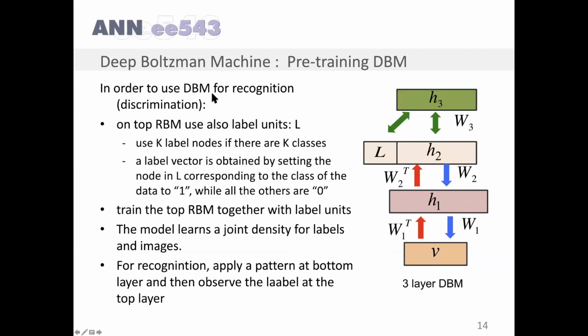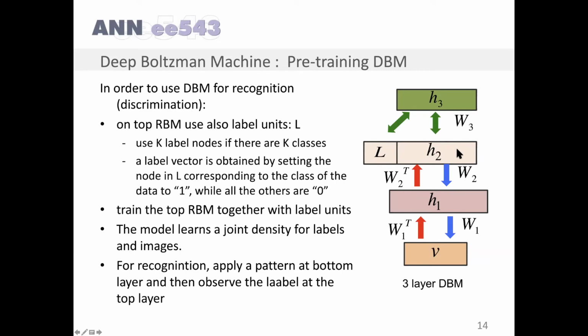In order to use a deep Boltzmann machine for recognition, for discrimination, on the top RBM, use also label units L, shown here. Here we have the first hidden layer and the second hidden layer, obtained by training the restricted Boltzmann machine, and this may be repeated for several hidden layers.